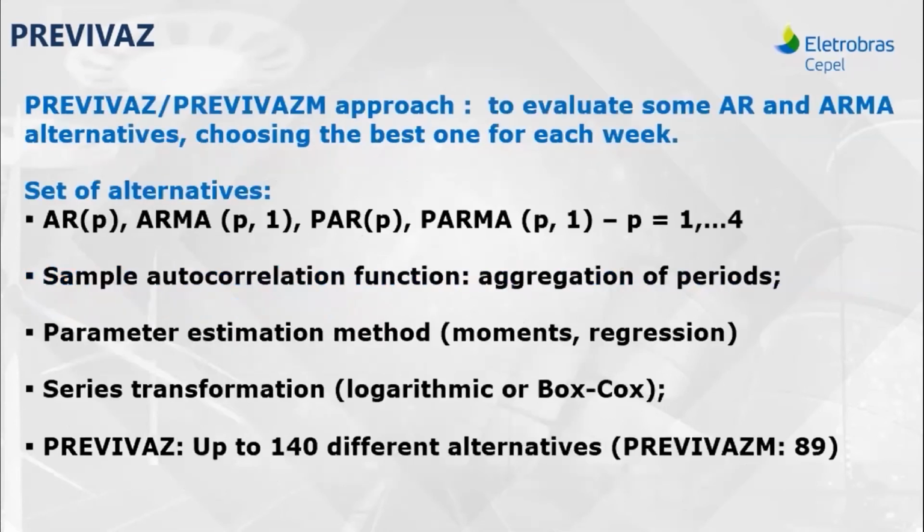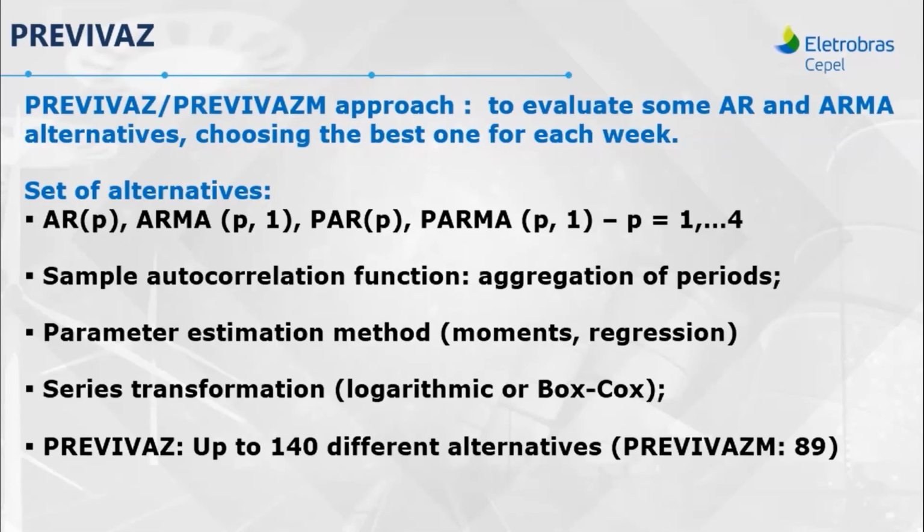So the basic idea of the Previse model is to select among the various alternatives of stochastic models of weekly flows the best for each week. So we test several alternatives and choose the best for each week. This is our set of alternatives. We test autoregressive models, moving average models, periodic or not. We can aggregate the autocorrelation function by period: weekly, monthly, quarterly, and annual.